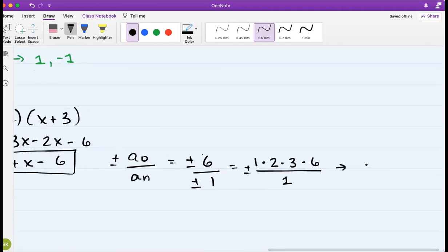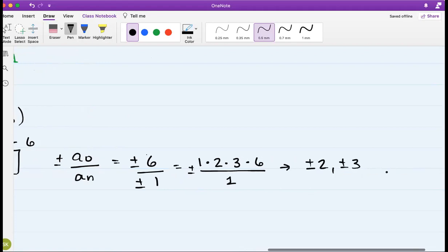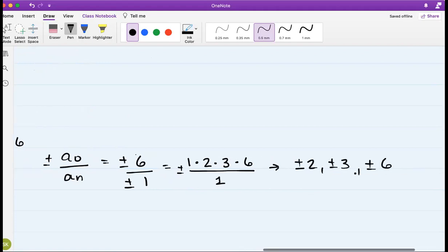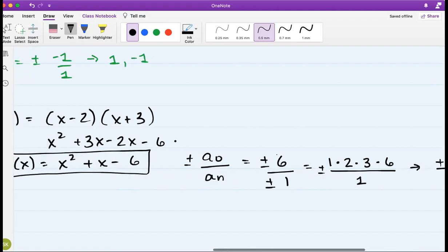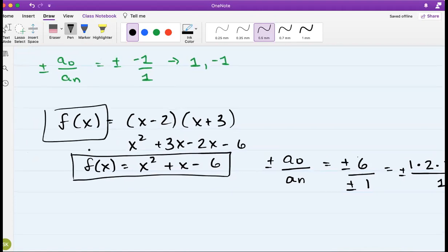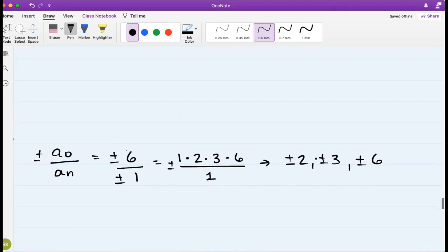So the potential roots are plus minus 1, plus minus 2, plus minus 3, or plus minus 6. So one or more of these numbers would be a factor of this function. And we know what those two numbers are. They're 2 and negative 3, which show up here. So not all of them are factors, but if we wanted to find all potential ones, it would be one of these in here.